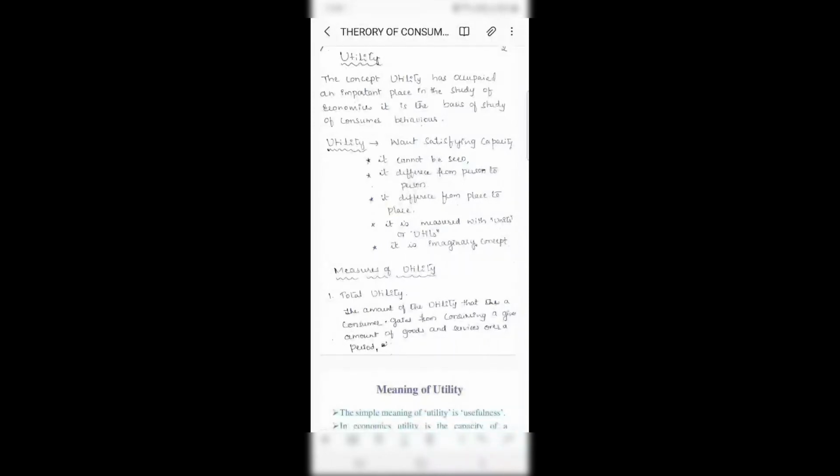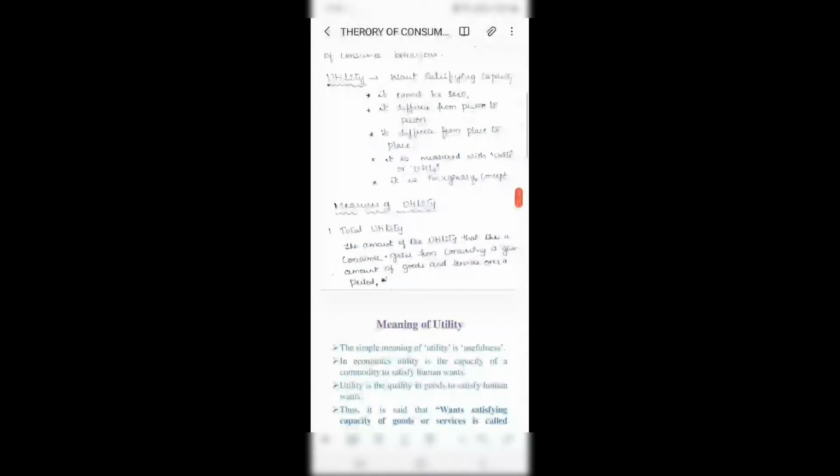It cannot be seen. It differs from person to person and from place to place. It is measured with units called utils. So even though it is an imaginary concept, we measure utility with units or utils.